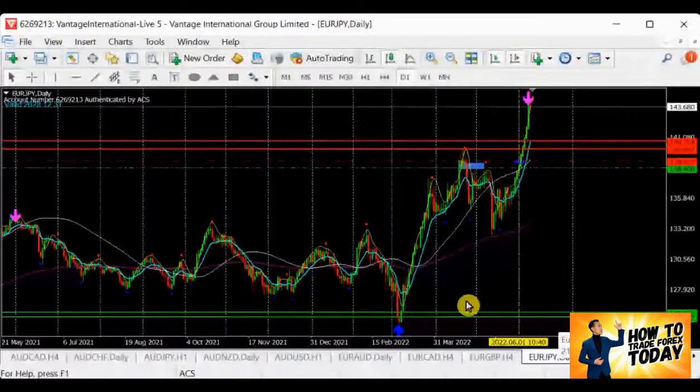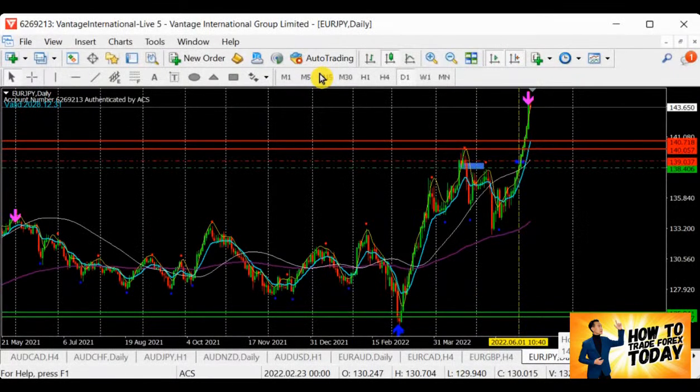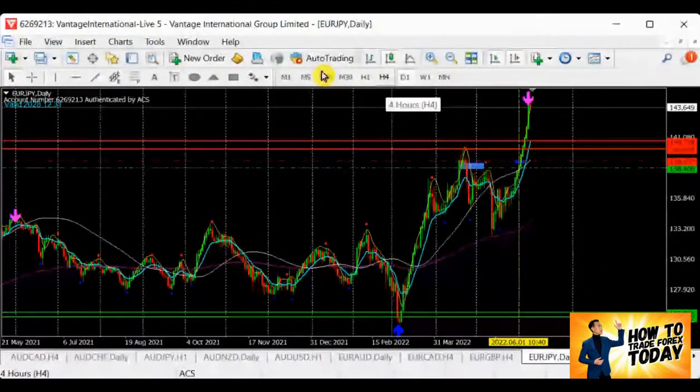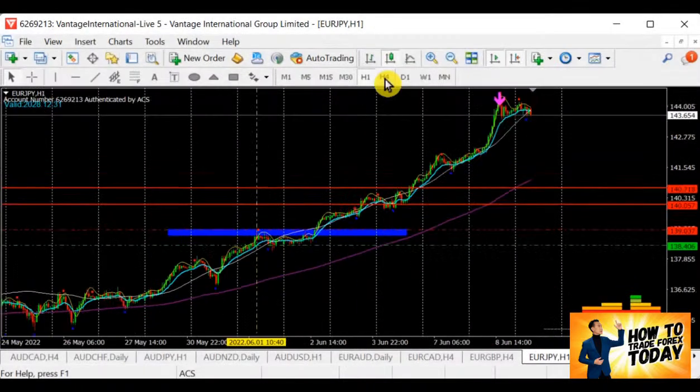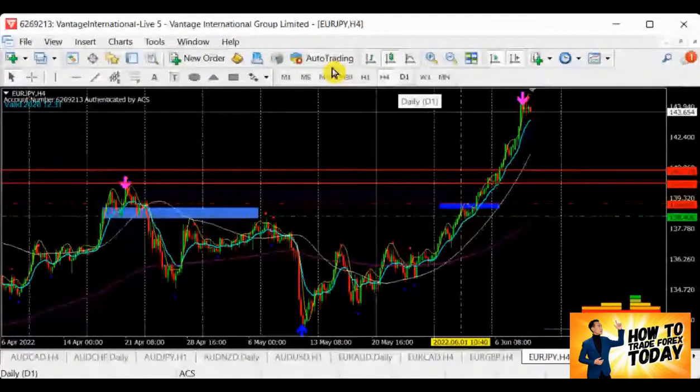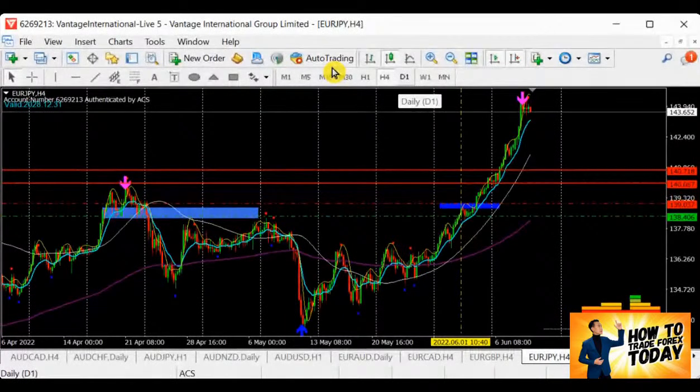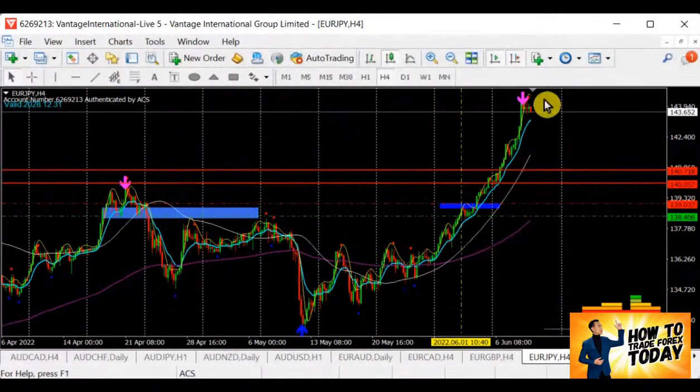For Euro Yen, it's very obvious. We are running on the bull, and the bull is still running very strongly. We are still riding the bull to the moon, and there are some pullbacks, some steam off in the Euro Yen as of now, but it is still in the bull. Currently, a lot of us will start to sell, thinking, oh, it's very high now.